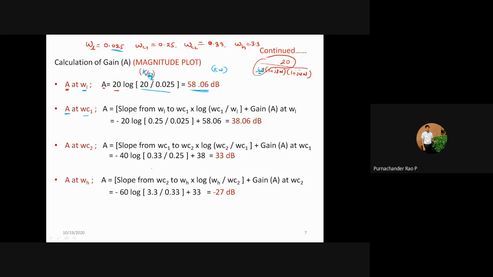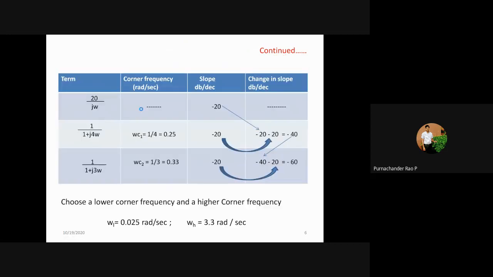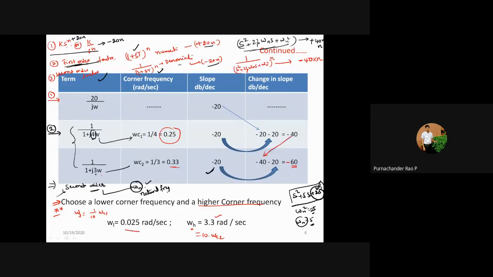If one formula comes, the rest all come. So the slope from omega L to omega C1 into log of omega C1 divided by omega L, plus gain A at omega L. Okay, so what is the change in slope from omega L to omega C1? For this transfer function, this is -20.